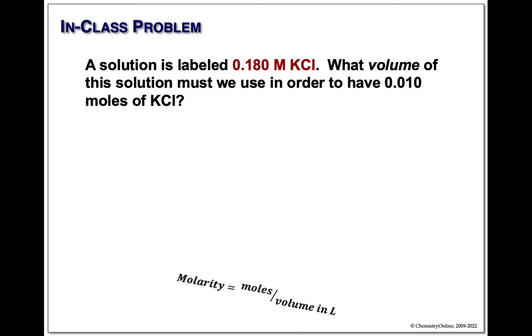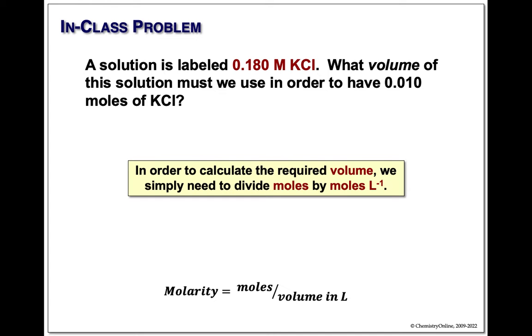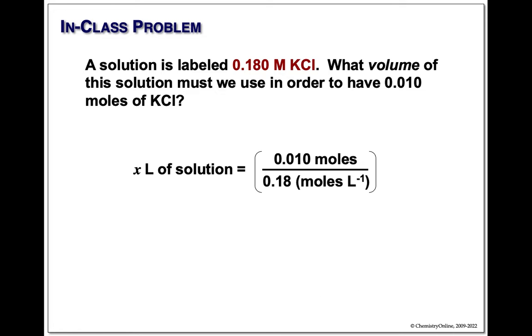Well, again, we know molarity is moles divided by volume. We're looking for volume here. Volume is going to be moles divided by molarity. Our number of moles, 0.01 moles. Our concentration here, 0.18 moles per liter.